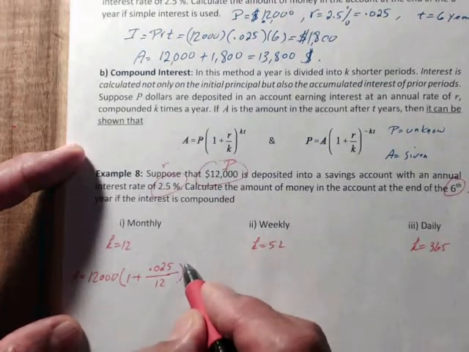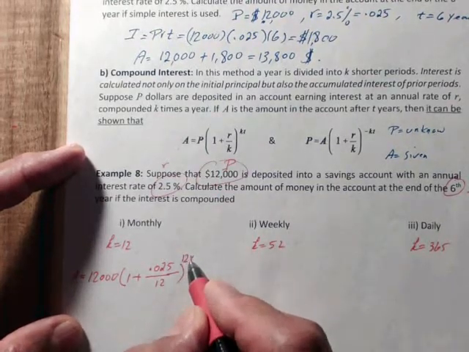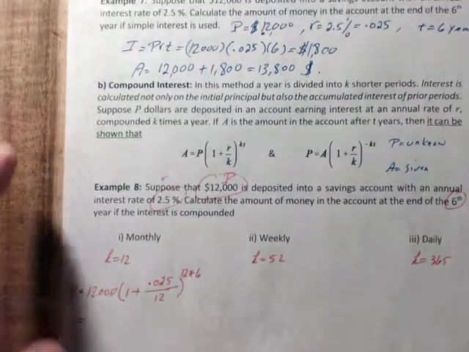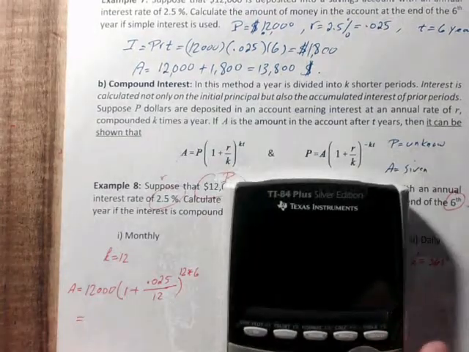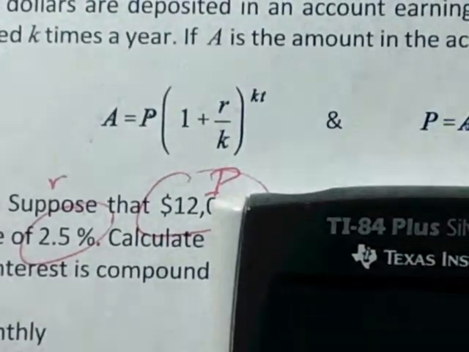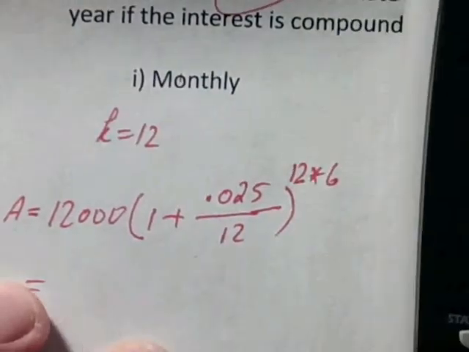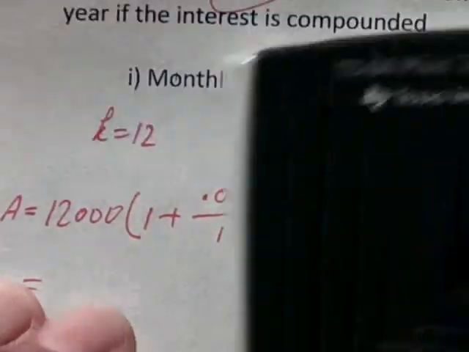K is 12 times T, which is 6. Okay, so I'm going to put this in my calculator. Let me show you how to put it in your calculator directly. That's the easiest way to do it. You see, I have it right there. I want to put this in my calculator.